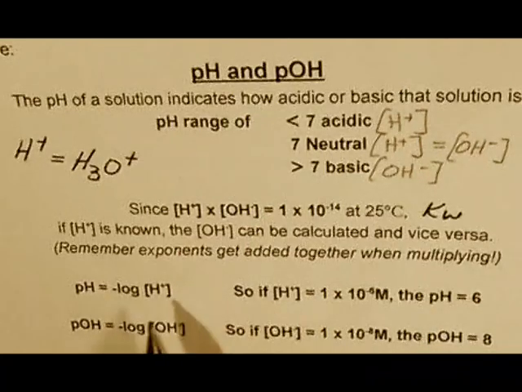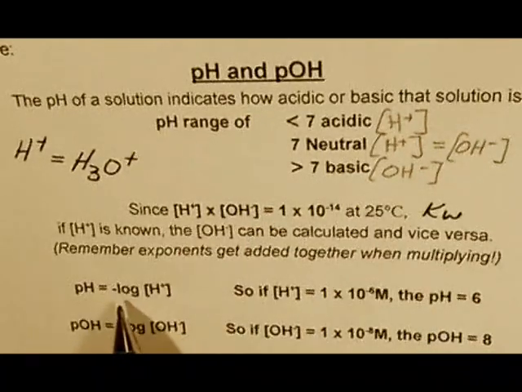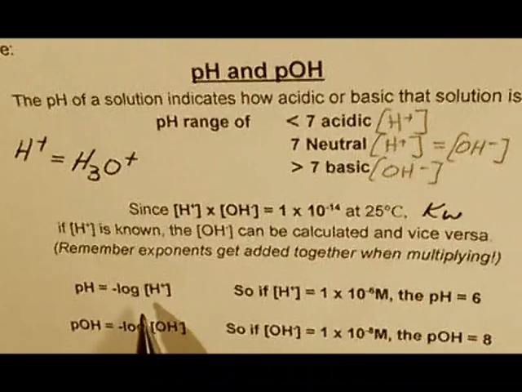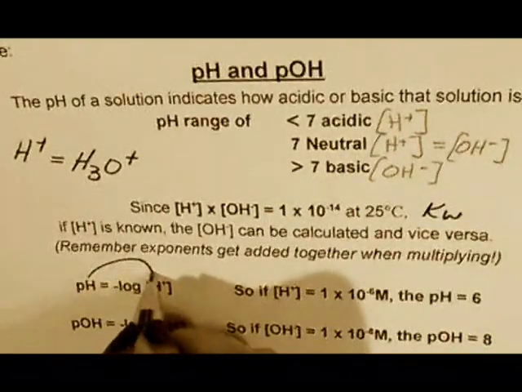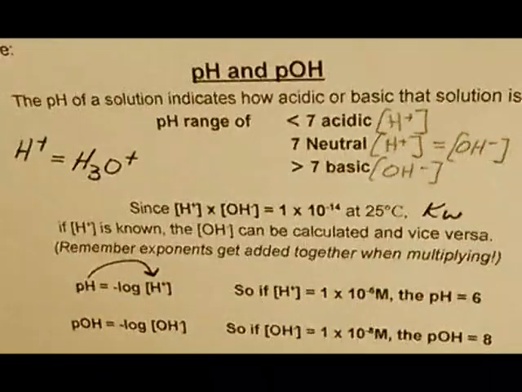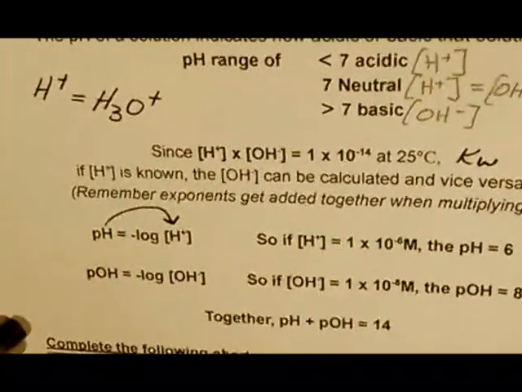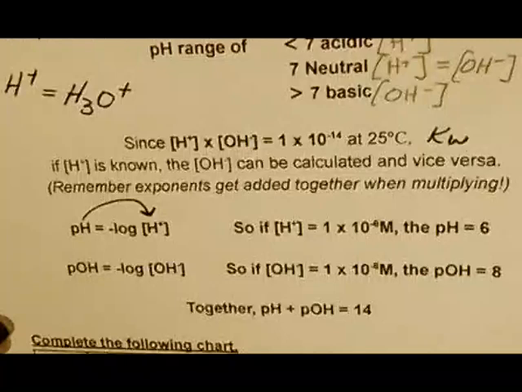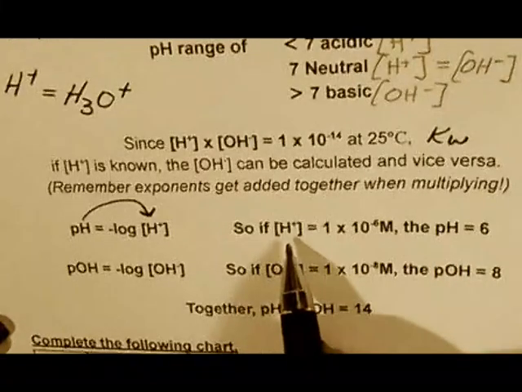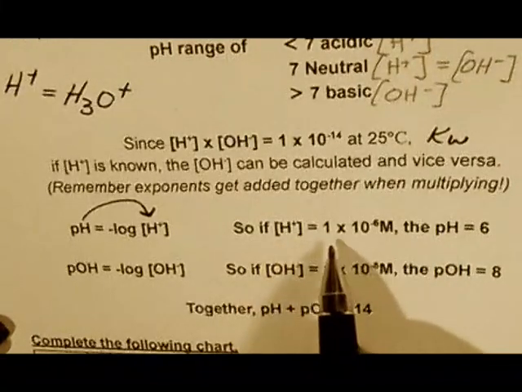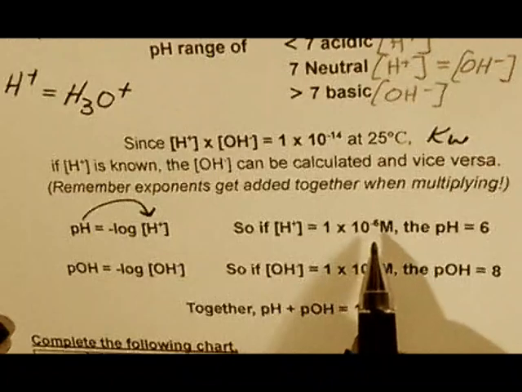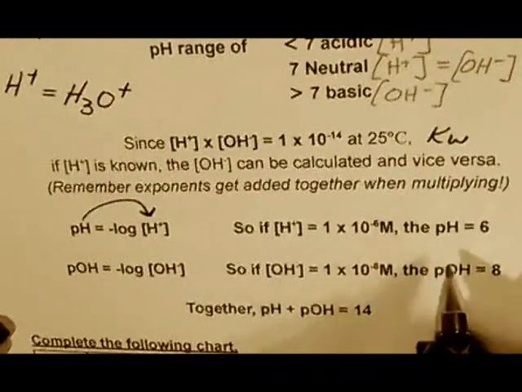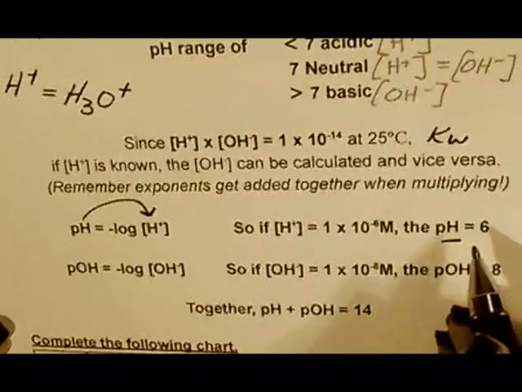Now, as a refresh, pH is the negative log of the hydrogen ion concentration. So pH is based on H+. So if the hydrogen ion concentration is 1.0 times 10 to the negative 6, then the pH is 6.